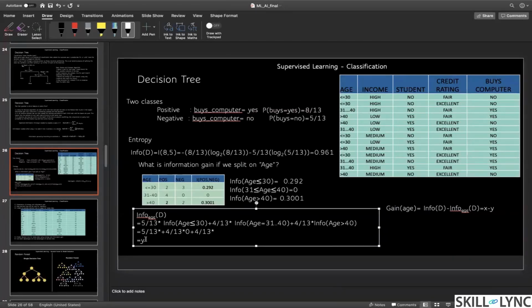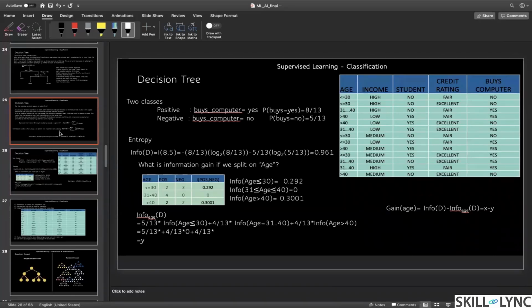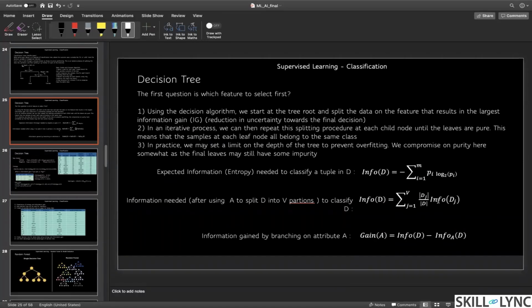Now let's calculate the information of the age, using this formula, because if you remember from yesterday, we have this formula, right? This is our information value, which we are calculating using the entropy formula, and now the information is being calculated using the information needed formula.